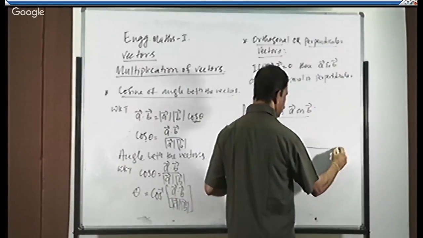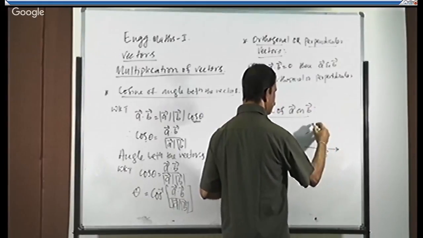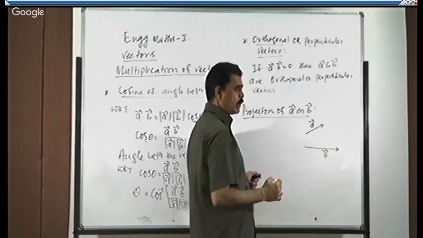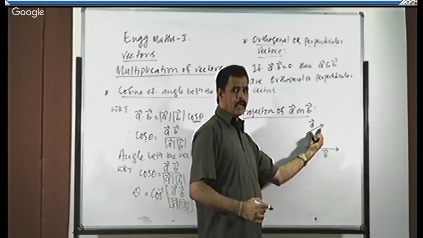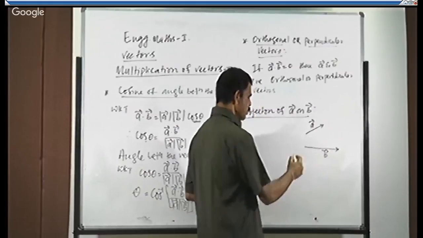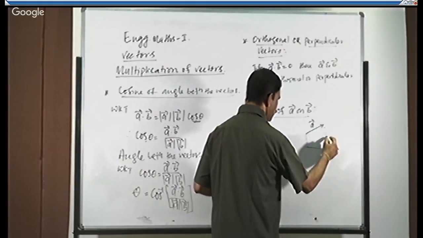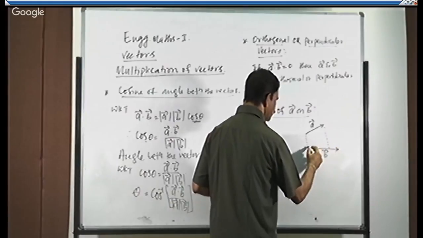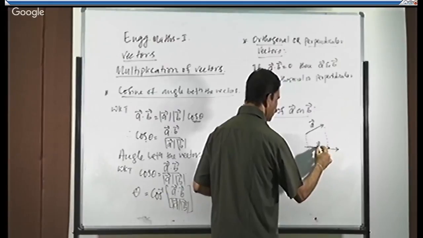This is vector B. Somewhere here we have a vector A. I can project this vector A on vector B. How will it be projected? See, on B, A is projected. So this will be called the projection of A on B.